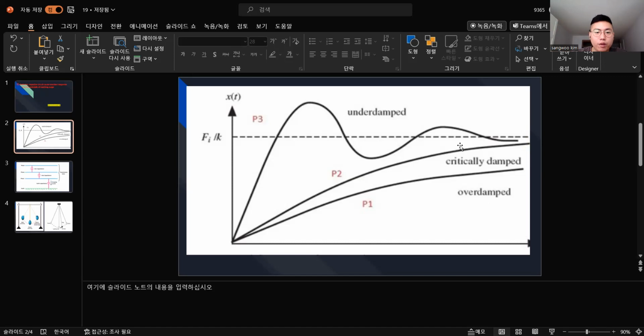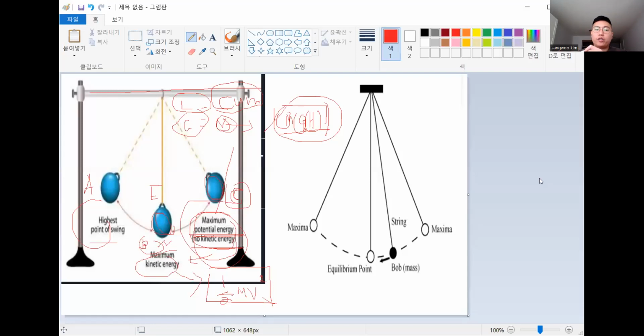Look at that. Here, the picture. There are points A, B, C, right? So from C, it has potential energy, but overdamping means that, because of a big resistance, it just stopped here. So from C to B, it directly just stopped.